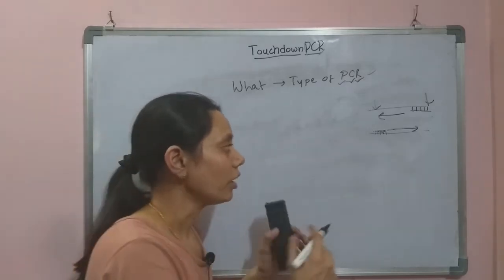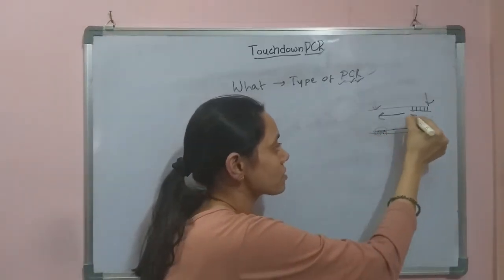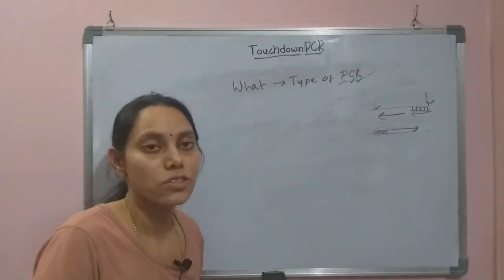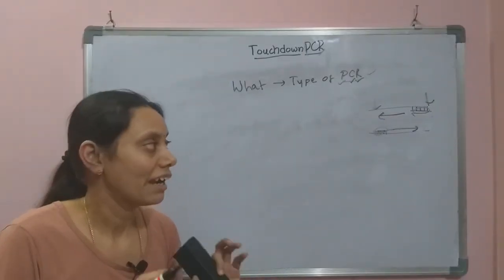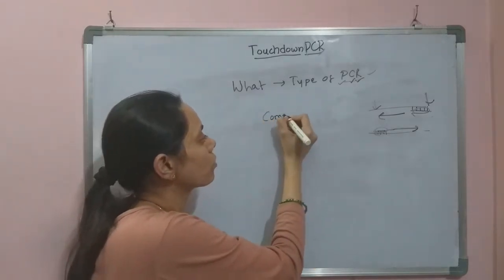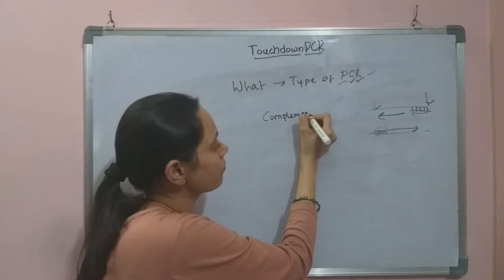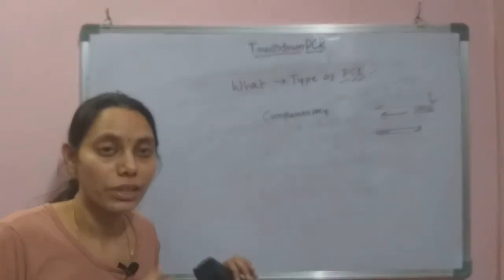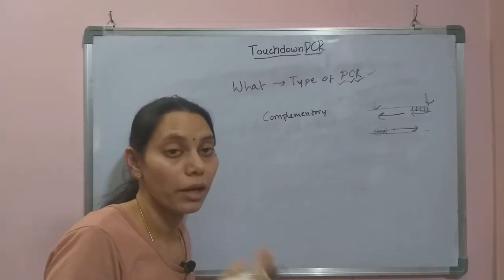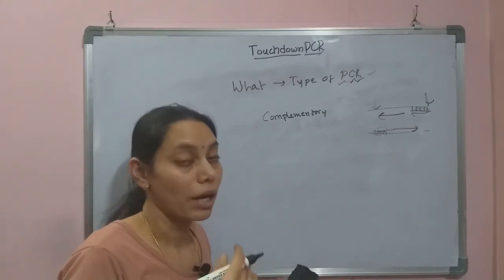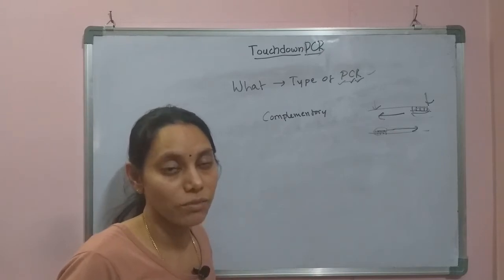As we already discussed, these oligonucleotides called primers are essential for the PCR reaction, and they have complementary sequences. Due to the complementary sequences, they find the appropriate positions and bind to the target sequence.